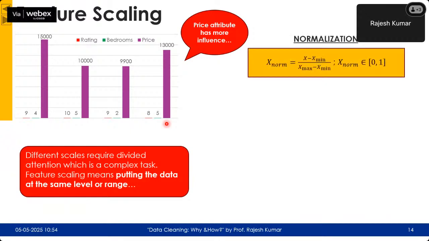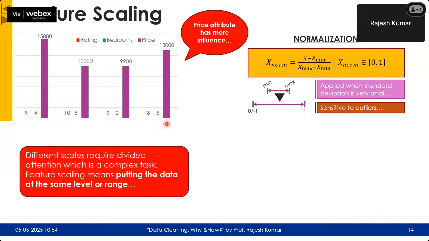Okay, so the easiest form is normalization. And this is the way to do the normalization. We find the x norm value and we calculate it. But this normalization technique has a merit and it also has a disadvantage. The advantage is, where to apply it, is when the deviation is very small.